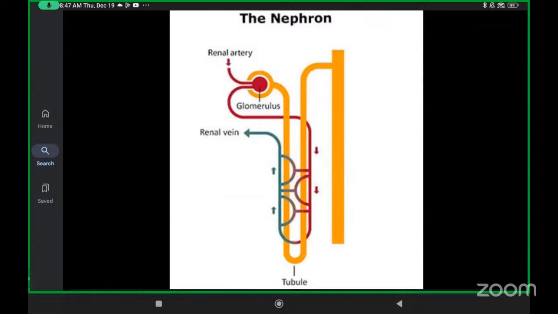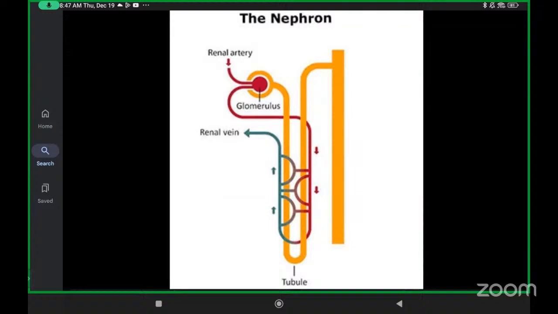Now the tubule returns needed substances to the blood and removes waste. The blood vessel that runs alongside the tubule reabsorbs most of the water, along with the minerals and nutrients. So the remaining fluid and waste in the tubule becomes urine.